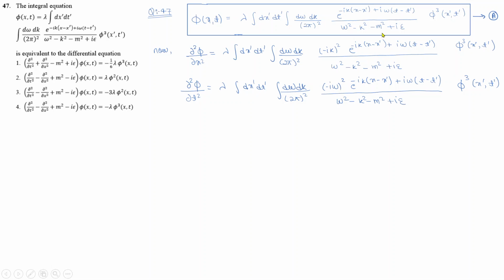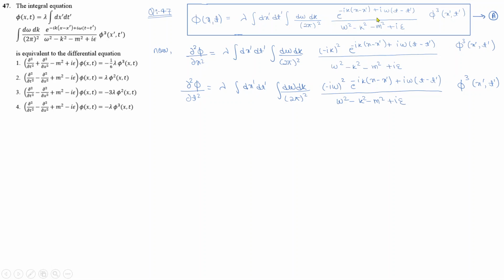So now if you see here, e raised to power iota k times x minus x prime. Here x is not a dependent variable of this integration, so we can directly take the derivative of this particular term, and if we take the double derivative we will get minus iota k raised to power 2.